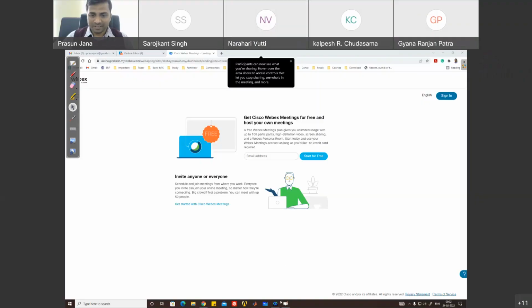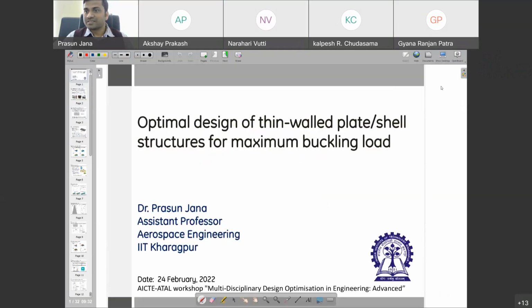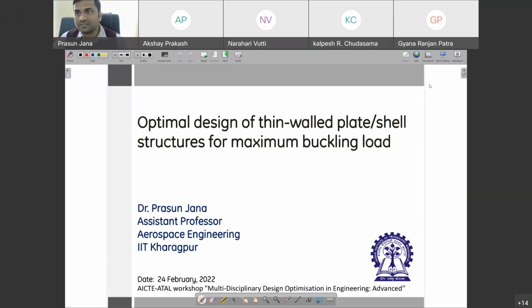Okay, can anyone confirm that? Yes, your screen is visible. Yeah, okay. Is the presentation visible? Yeah, it is. Okay, and I can see one small window. You can go in presentation mode, you can just present if you want. No, this is fine. I am presenting from OpenBoard so that I can write equations or figures if I want.